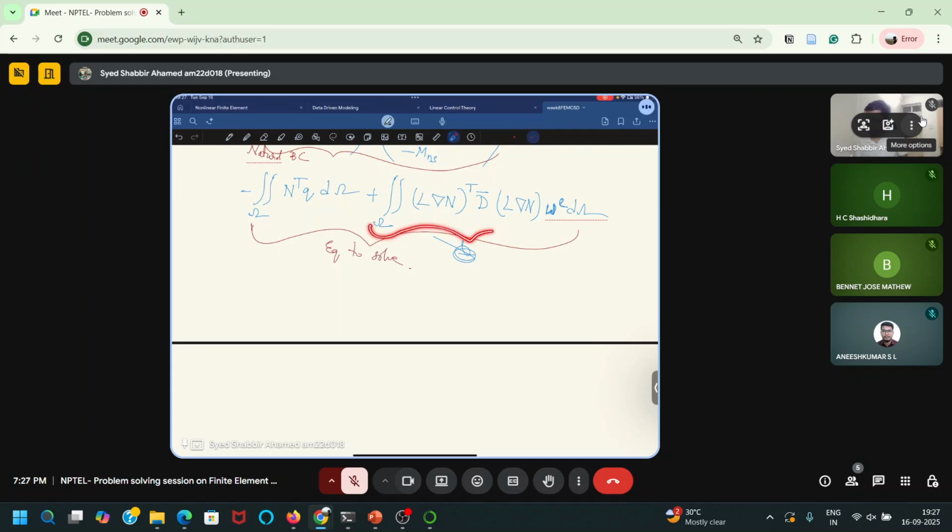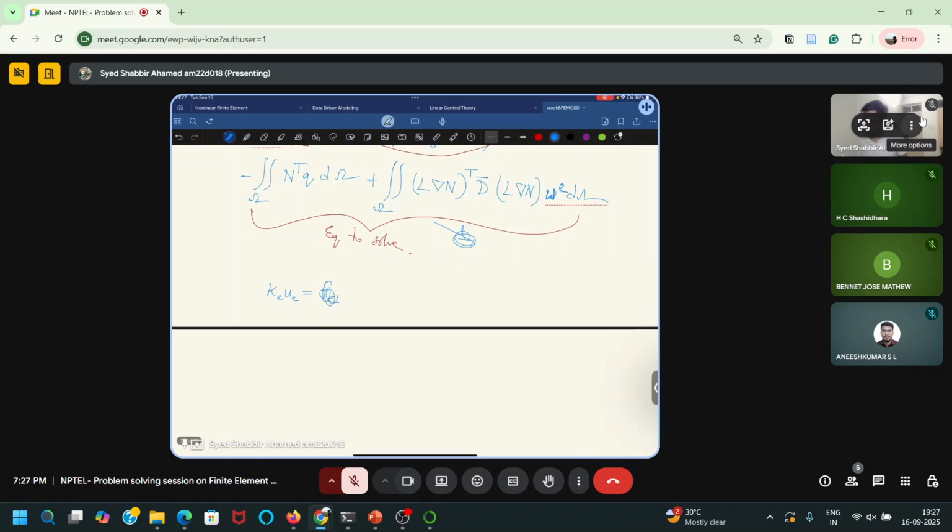This integration will give me the stiffness matrix, and this will give me the nodal force vector. So finally, I'll get an equation which looks like this: Ke into Ue is equal to Fe. Or let's say I'll call it Qe or Fe, you can call it whatever you want. So elemental nodal force vector.